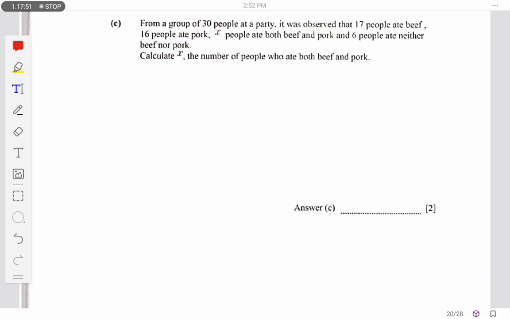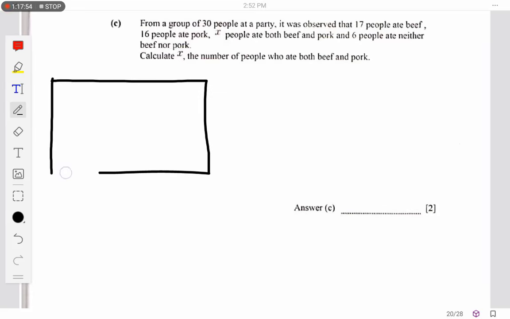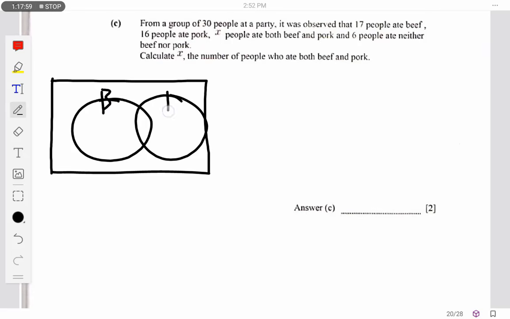For me, it is easier to just draw a Venn diagram for this one. I have my beef, I have my pork, and this is my universal set. Let's write what we have. Out of 30 people, there are 30 there, 17 ate beef, and 16 ate pork.